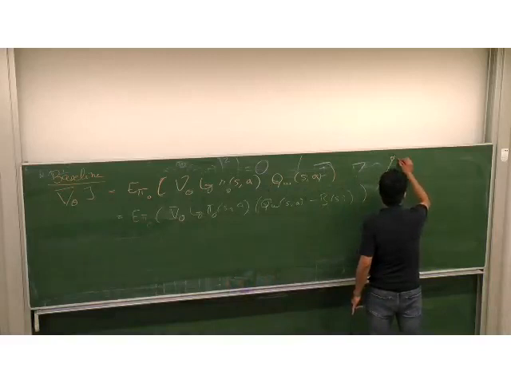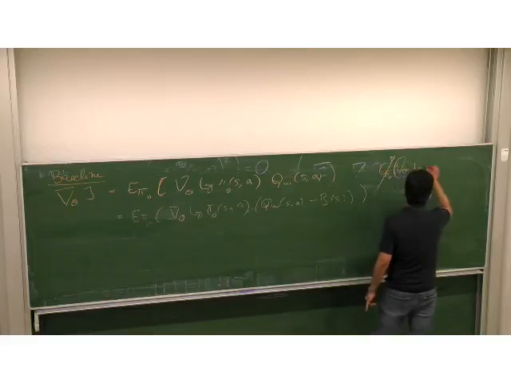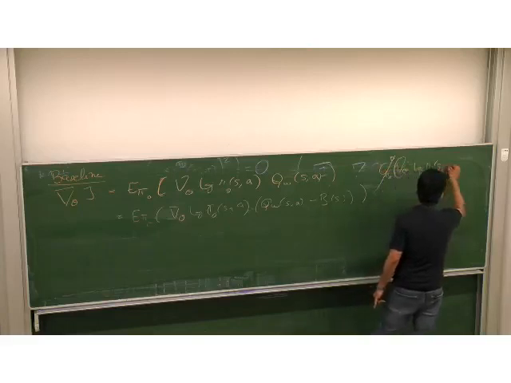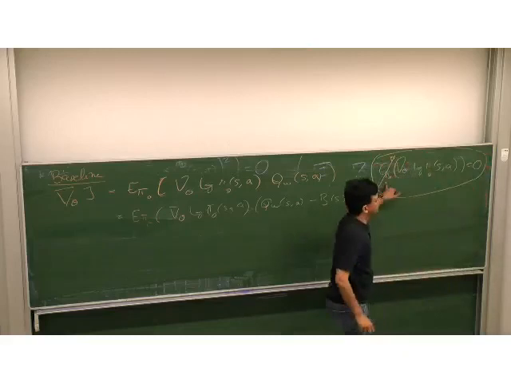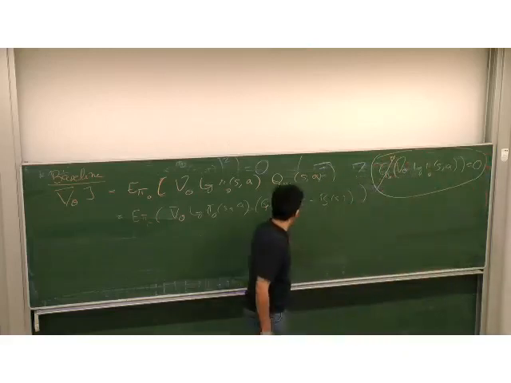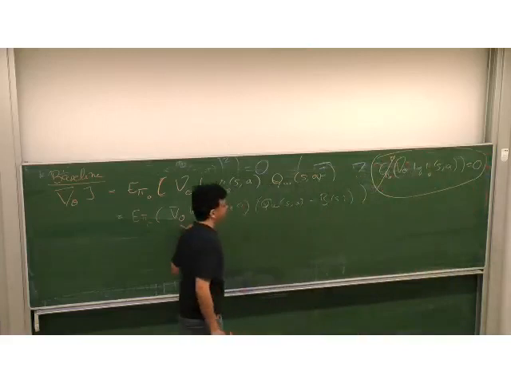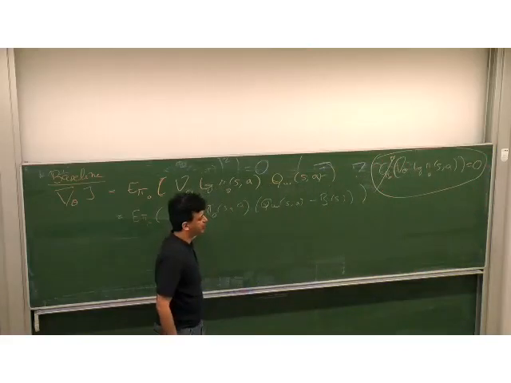We keep the same average because if you did not have this Q term, this thing would have an expected value of 0.